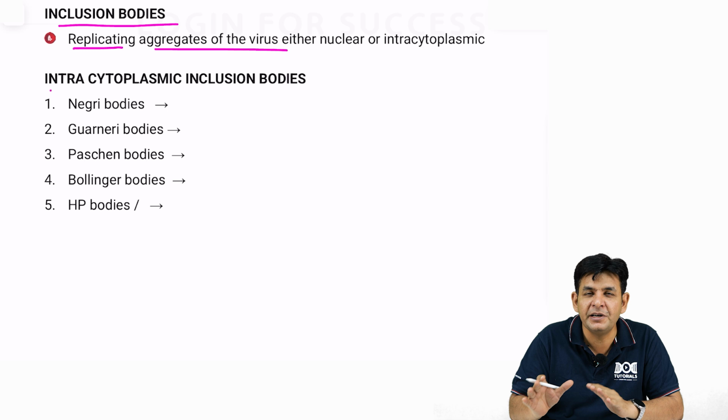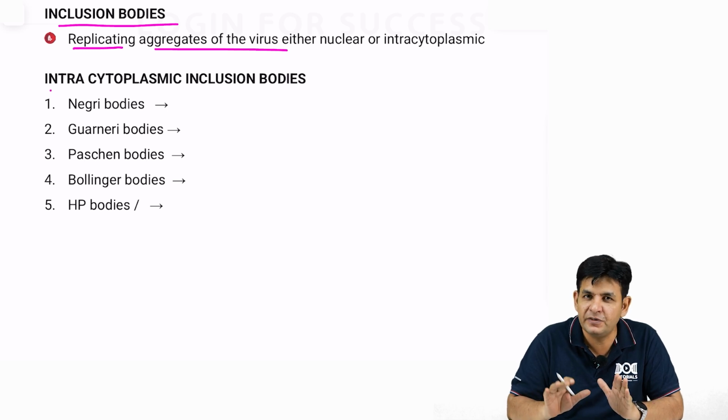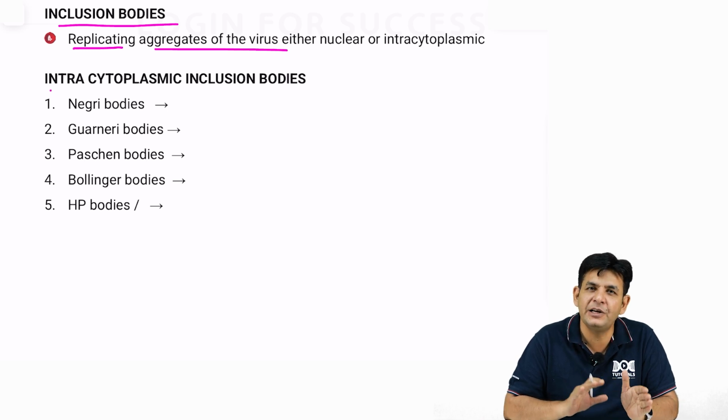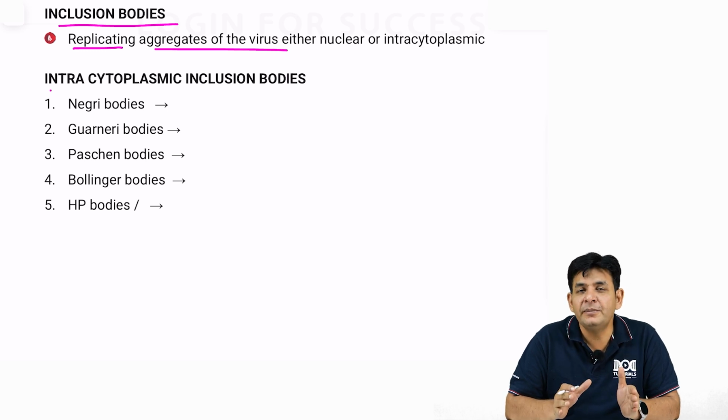Pox virus, the Poxviridae family, they replicate in the cytoplasm, and that's why they produce intracytoplasmic inclusion bodies. Which family? Poxviridae. Similarly, regarding the RNA viruses, they replicate in the cytoplasm, and what they produce mostly? Intracytoplasmic inclusion bodies.